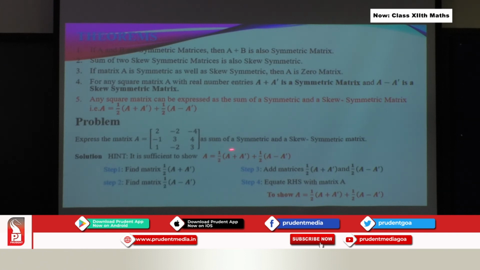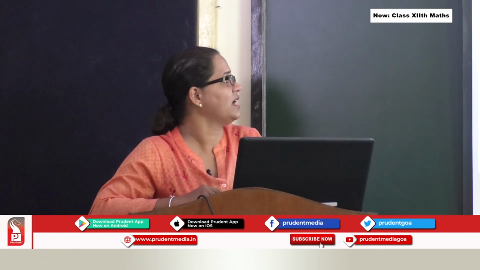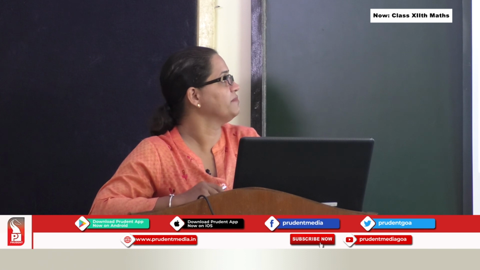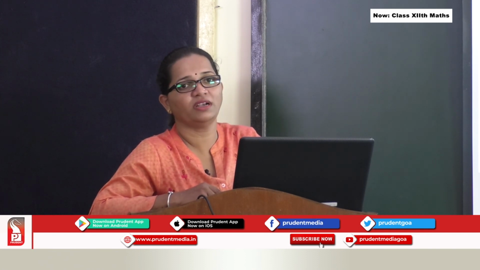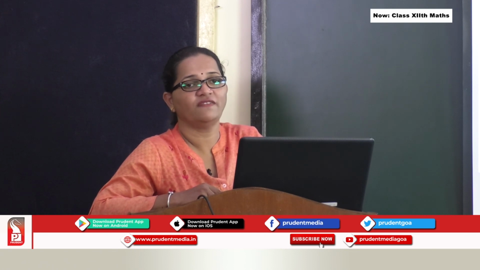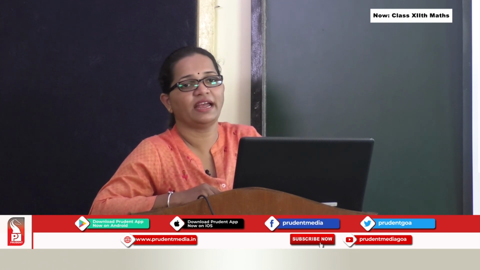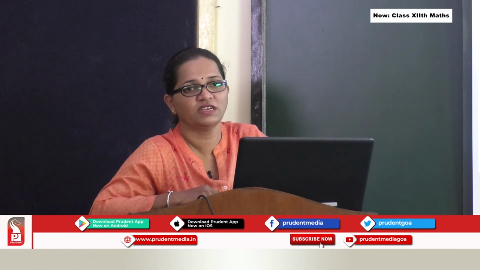To get my RHS, step 1 plus step 2 is given. So I will add this matrix, and I will get the RHS, which is equal to your given matrix A. Perfect. So this is how you get problems based on this fifth theorem, which is very important. You can solve as many problems as you can get from different reference books.